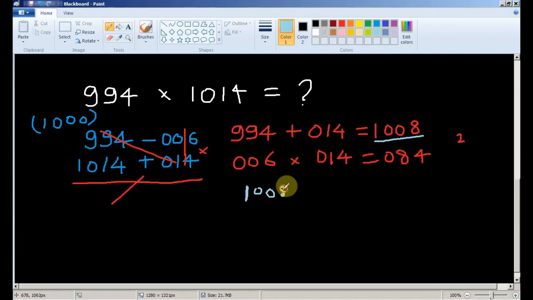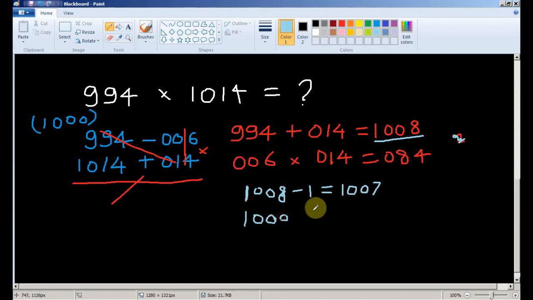Okay, so I got 1008. I hope you can see that. Okay, yes, I think it's good. So 1008, and you subtract 1, it will become 1007, right? Just because you subtracted 1 from this, and then you have 084. This time, the second part you have to subtract from the base 1000.